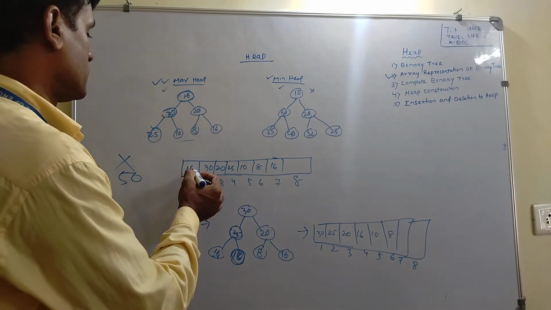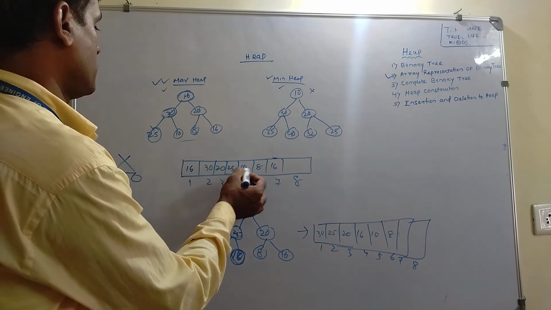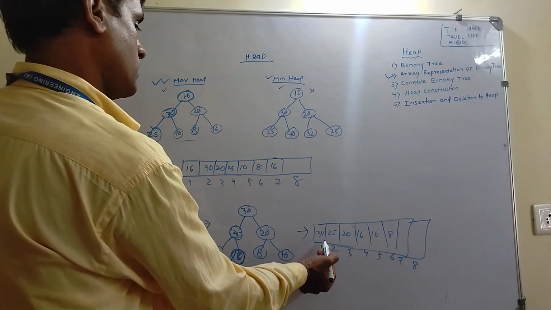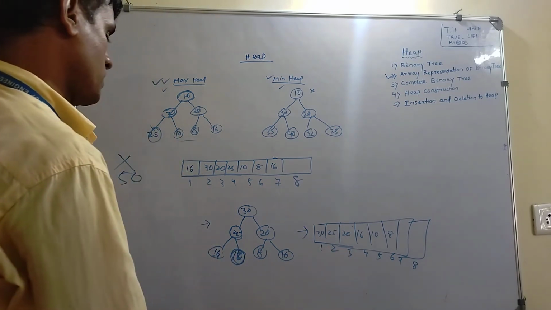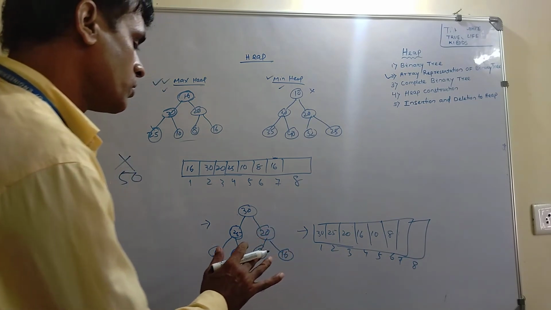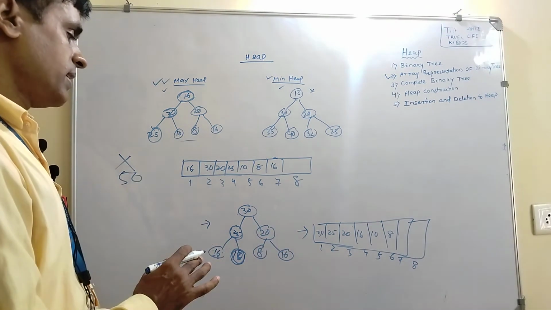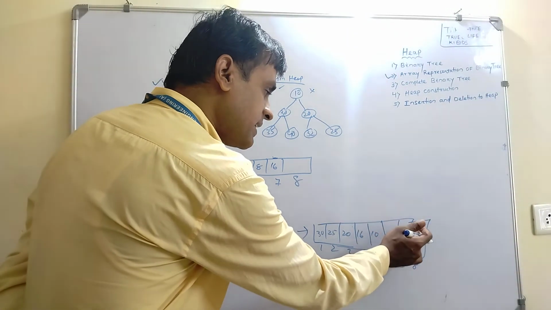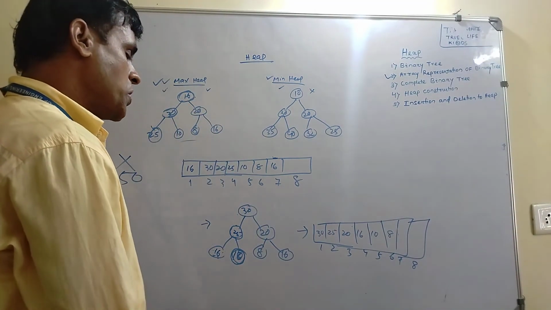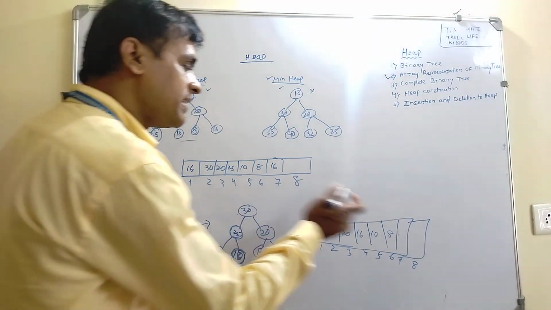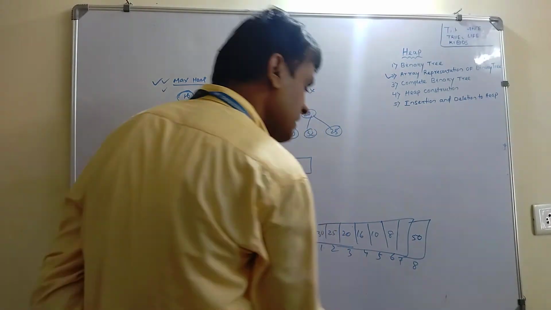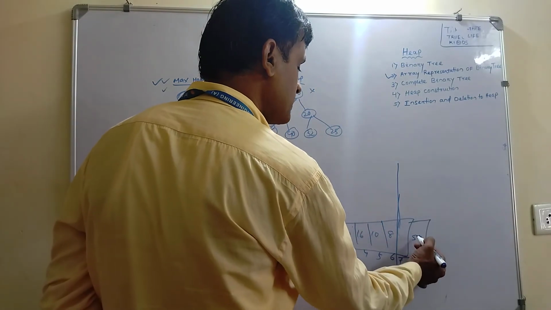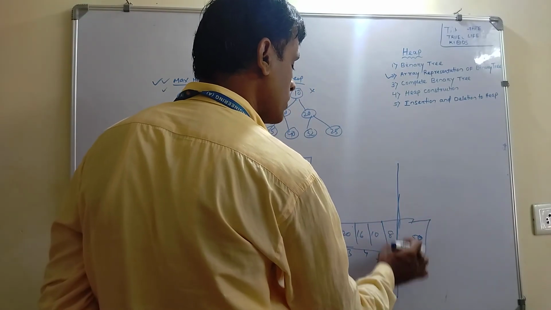So now keep in mind that whenever we delete any element, one place becomes vacant at the end of our array representation. If we put that element 50 at the end, it is not part of my heap. My heap is only up to this. I have put this element at the nth location.